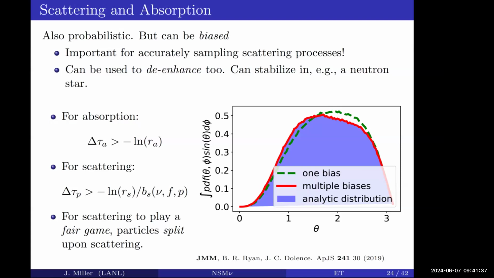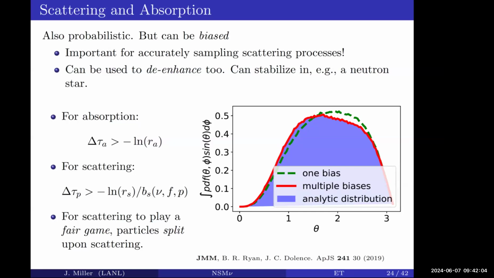So for example, in Nuclight, we bias scattering positively to enhance scattering processes. What this means is to play what's called a fair game, where the physics probabilities are the same. When we scatter a particle, we don't just change its direction. We split it. It turns into two particles. And you need to do this to get things like the angular distribution of scattered particles correct.